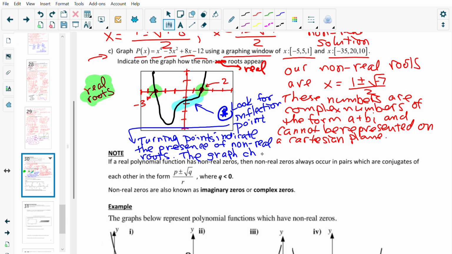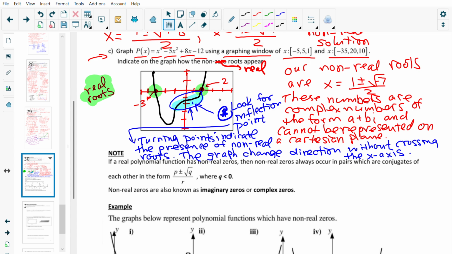Okay, so let me just write this out. The graph changes direction without crossing the x-axis. Okay, turning point.